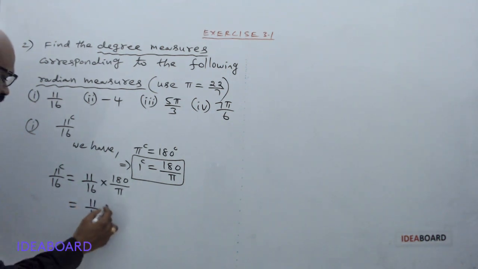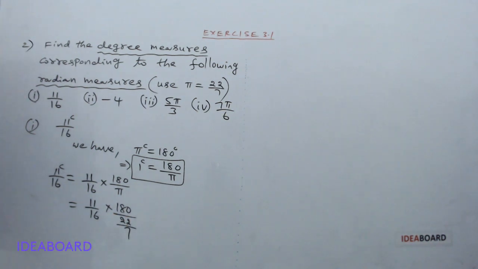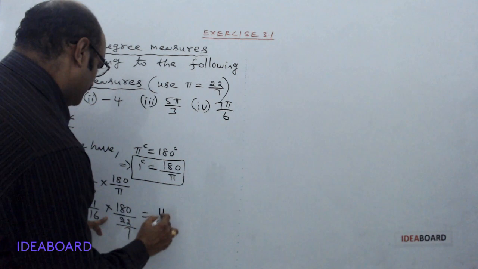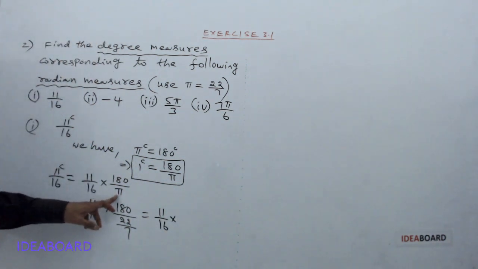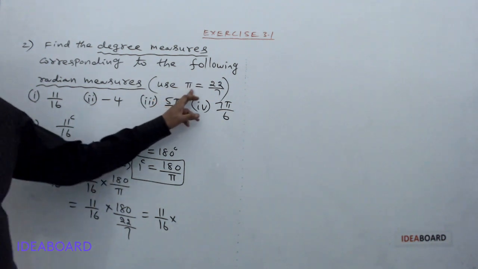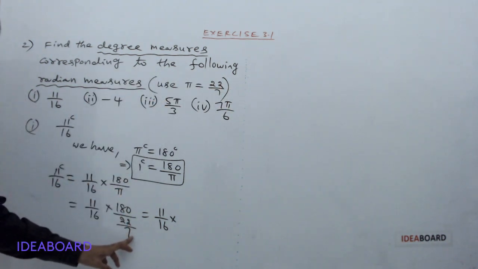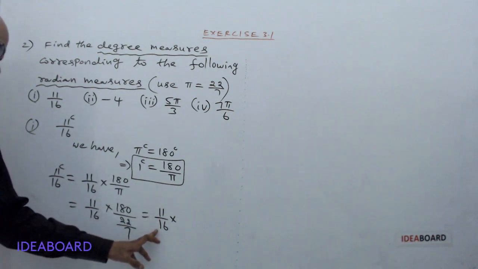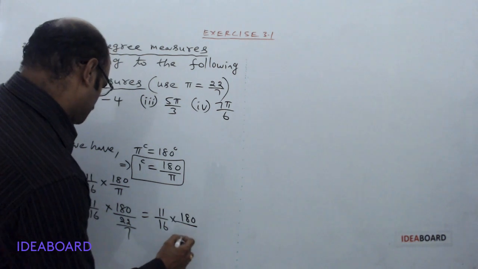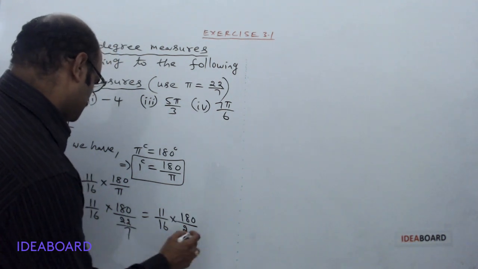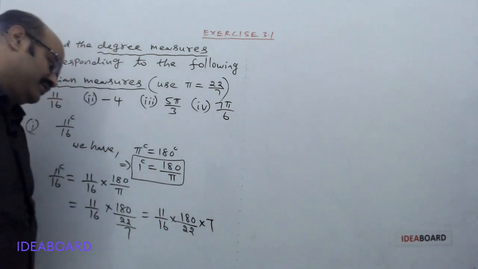So equal to 11 by 16 into 180 by 22 by 7. We know that value of pi equal to 22 by 7. So 11 by 16 into 180 by 22 by 7.